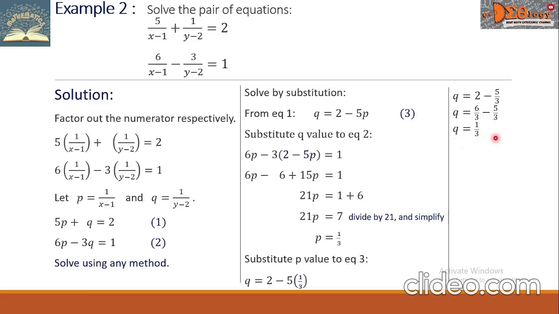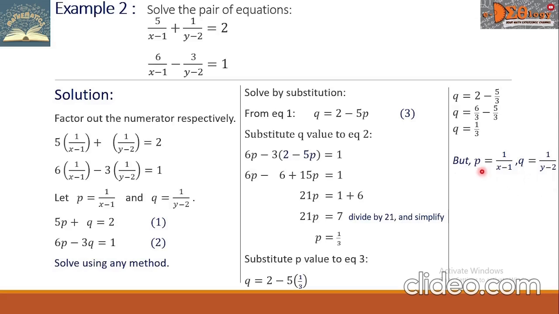We are able to get the values of p and q respectively, but we need the values of x and y. In the beginning, we said that p equals 1 over x minus 1 and q equals 1 over y minus 2. We can now solve for x and y respectively using the values of p and q.